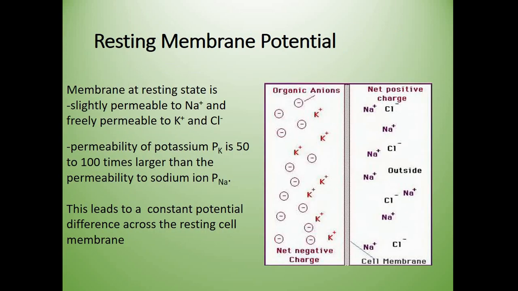The boundary of a cell in its polarized state is found to be so because the permeability of potassium is 50 to 100 times larger than the permeability to sodium. So this leads to a constant potential difference across the resting cell membrane.